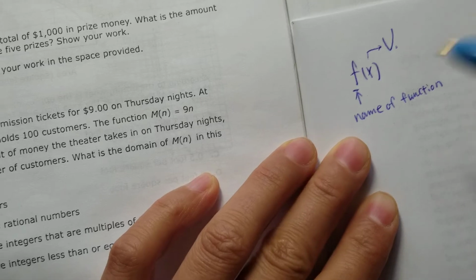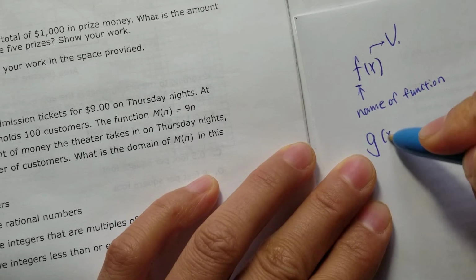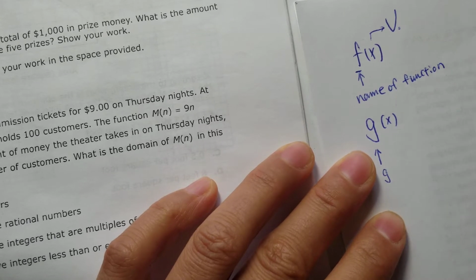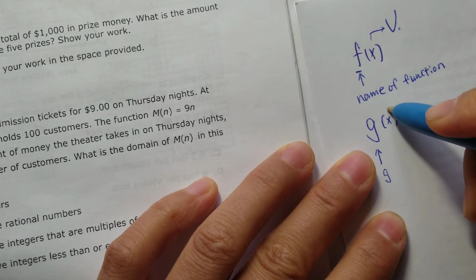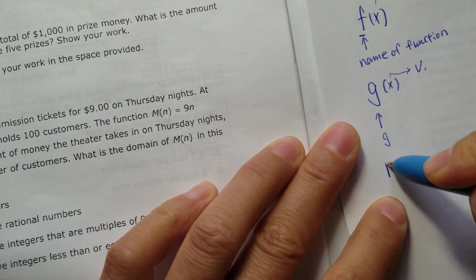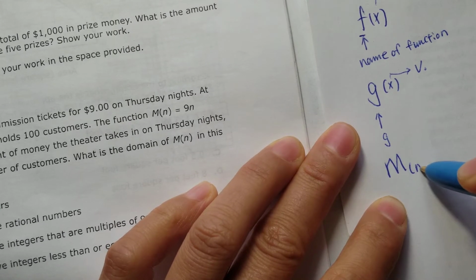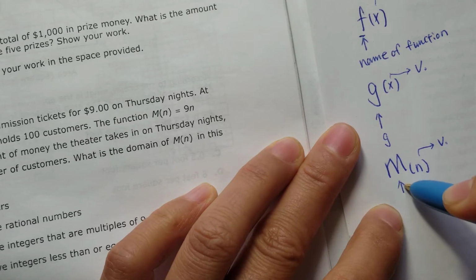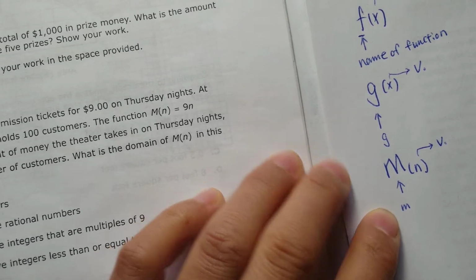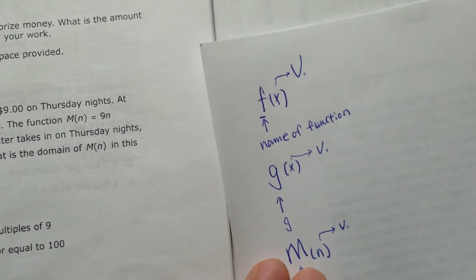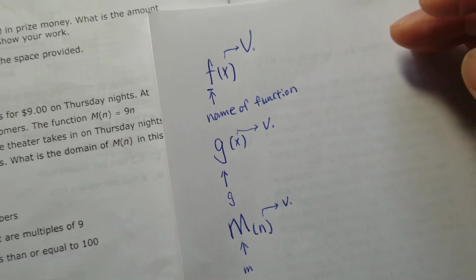If you have g of x, that just means the function name is g, and we focus on the variable x. Now, if you have m of n, here n is your variable and the function name is m.